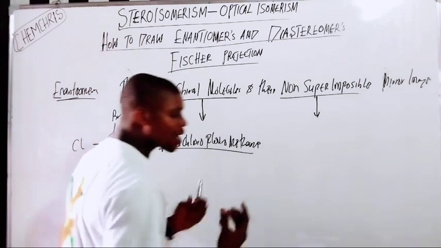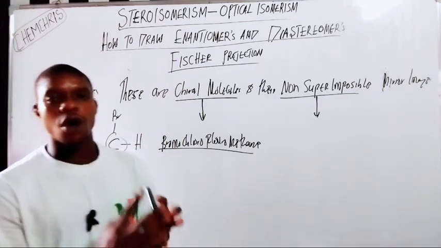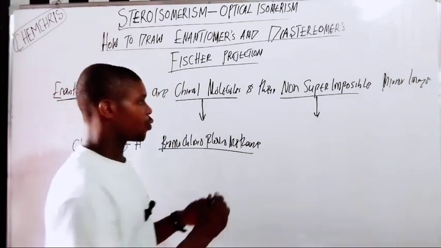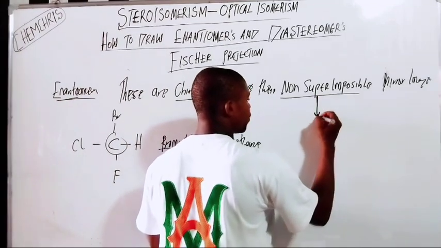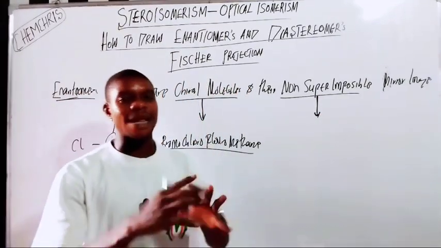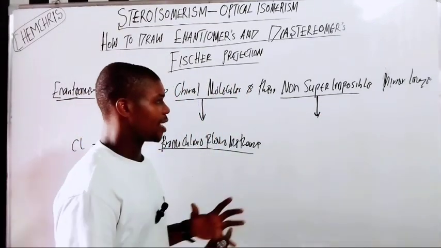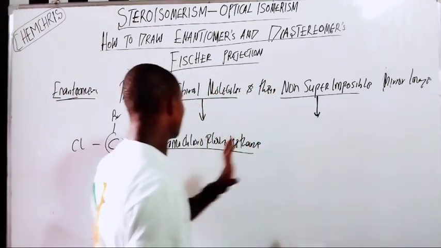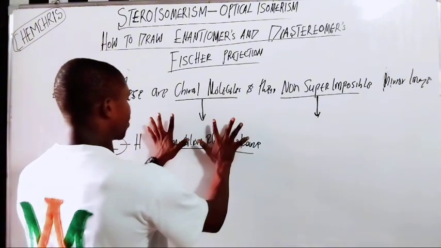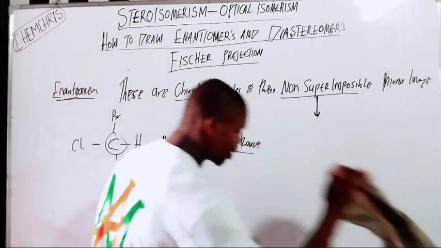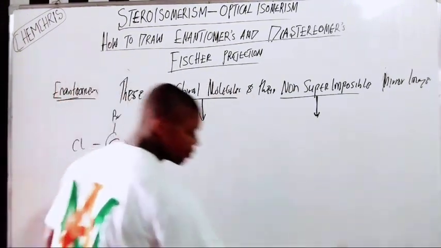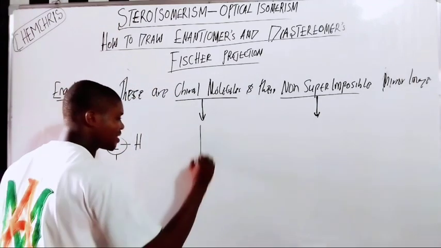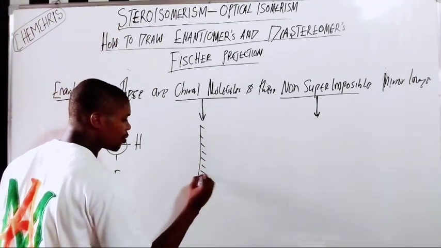Now all chiral molecules have non-superimposable mirror images. When we talk about non-superimposable, it means that they cannot overlap. Let me give you an example here. Your left hand and your right hand are mirror images of each other. Let me just say this is a mirror, right?